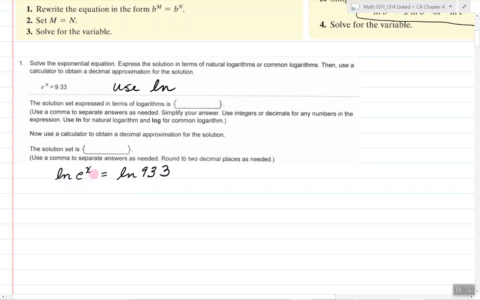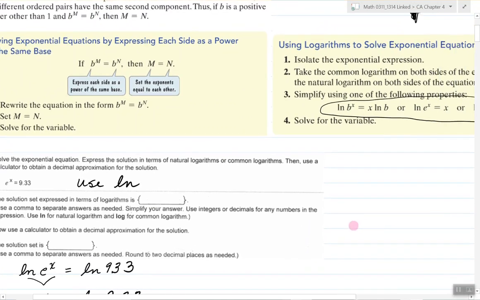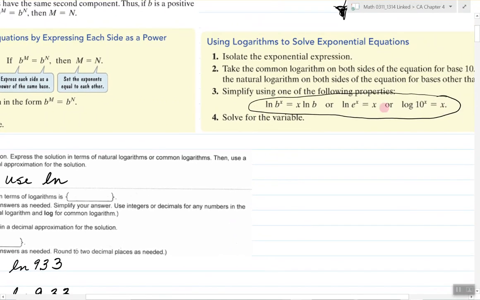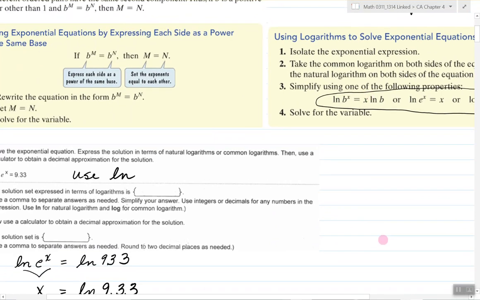Now on the left-hand side, the base of a natural log is e. This base is e. That means that this, using those properties, simplifies to x is equal to the ln of 9.33. When I say those properties, they are the properties that I have circled here. They are from the previous lesson 4.3.